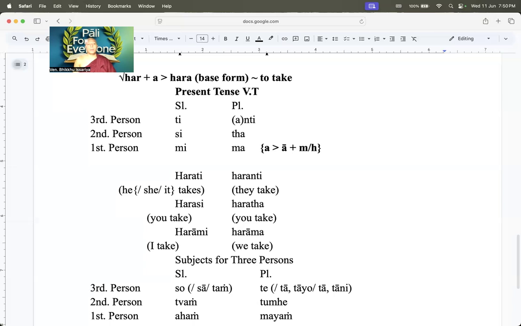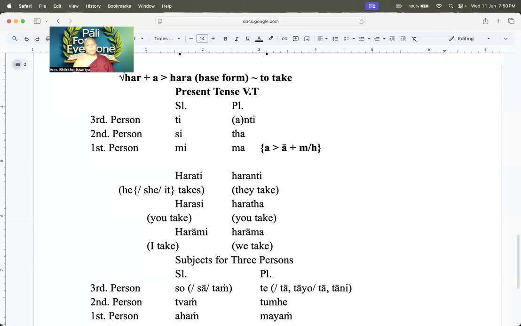In Pali, there is no present continuous tense, so we don't use continuous. In Pali, no continuous form. Just the present verb, but based on the contextual meaning, based on the line in that context, present continuous sense is better at the time we can understand. So just haradi, harandi, harasi, harata, harami, harama.